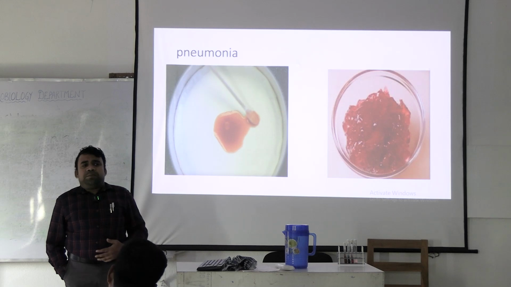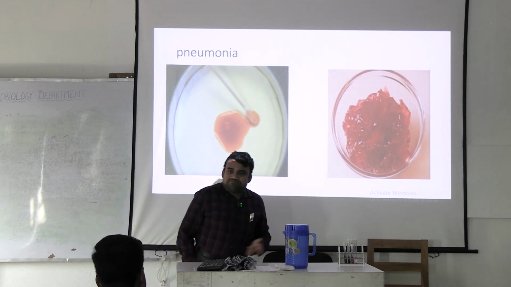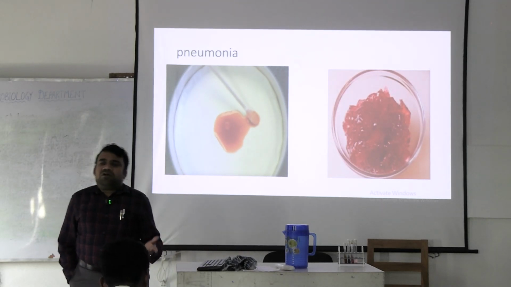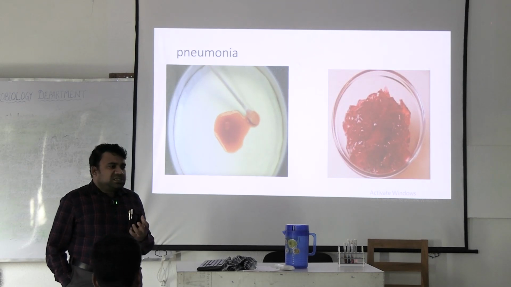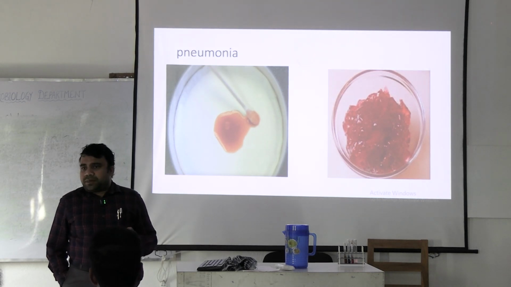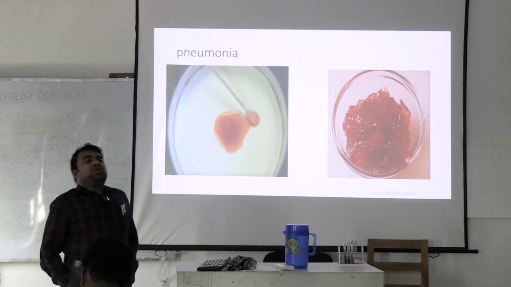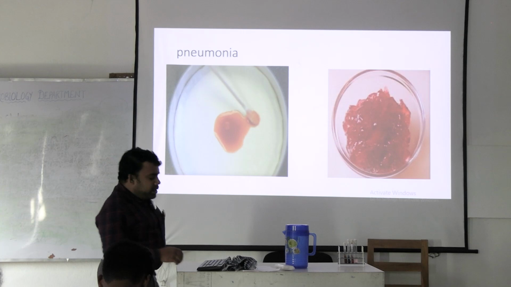This is also compared with red currant jelly. Red currant is a flavor of jelly, so almost it has a jelly-like consistency and red in color. Earlier, the typical description was people will expectorate out, and the expectorant will look like red currant jelly.